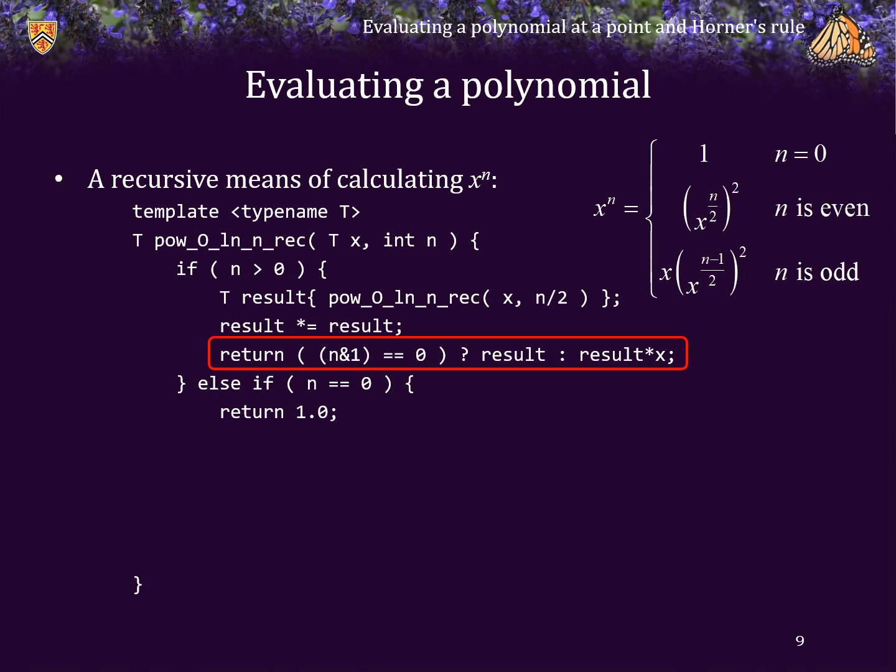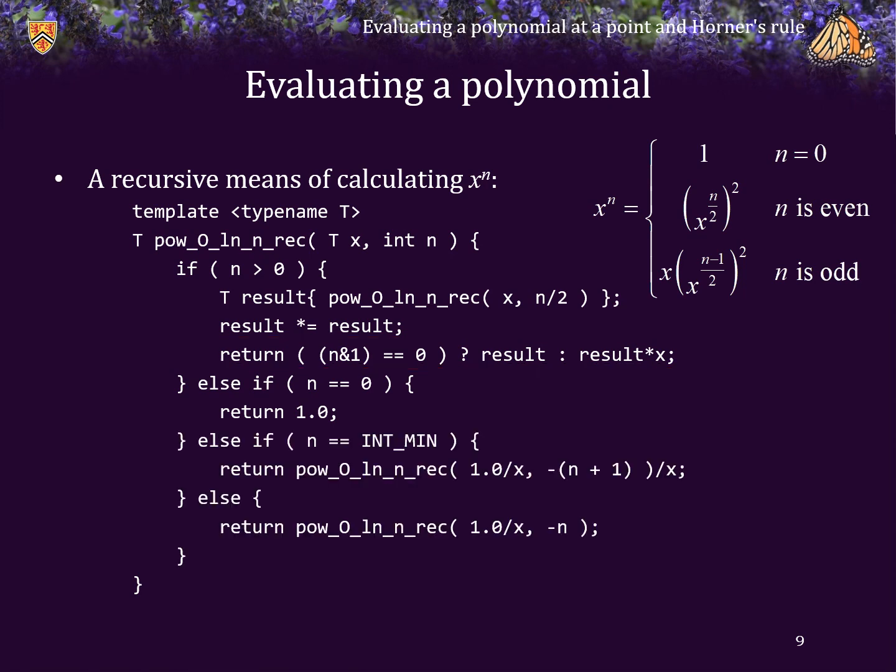And here, n bitwise and 1 returns 0 if it's even and 1 if it's odd. So if it's even, we will just return the result which we've already squared. If it's odd, we will return the result which was squared and then multiply it again by x.